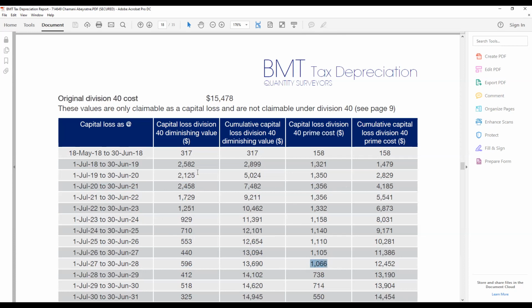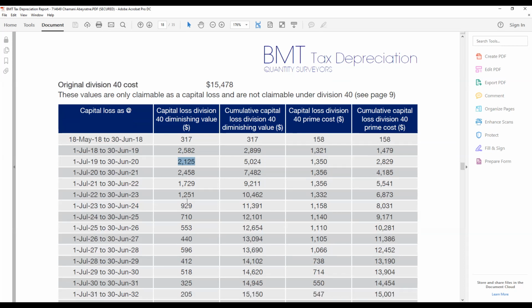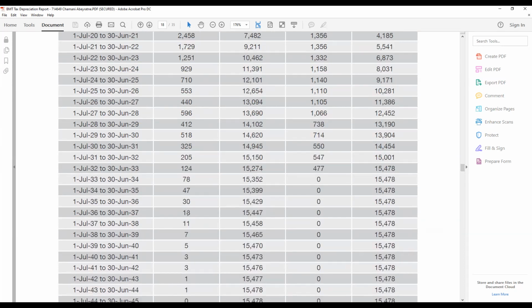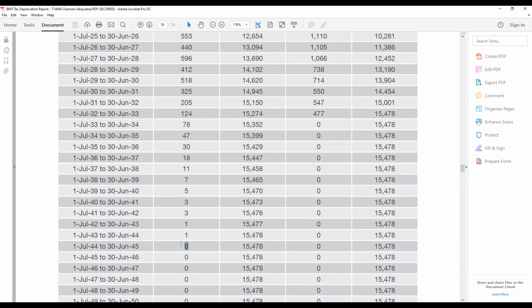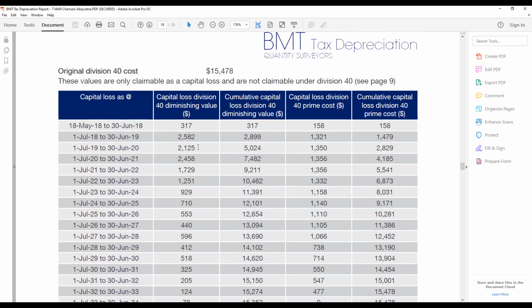No. If you elected one particular method, diminishing value, you must continue that method until you finish at zero. If you purchase any new assets during the time, you can decide. But for this one, for this 15,478, you go in with this method.